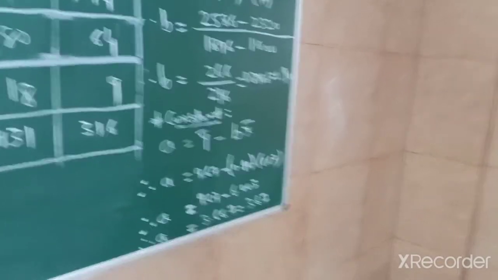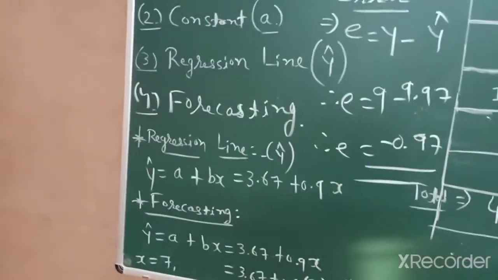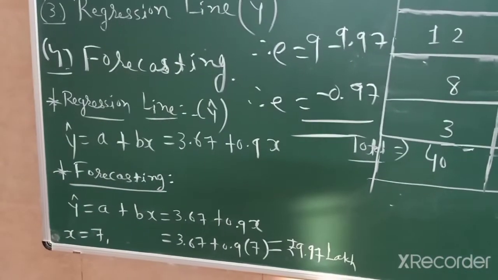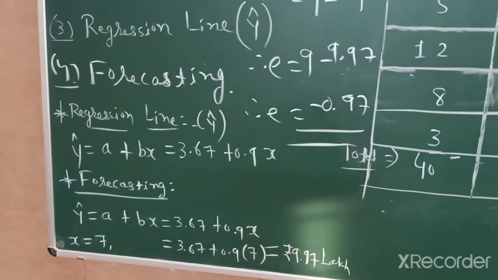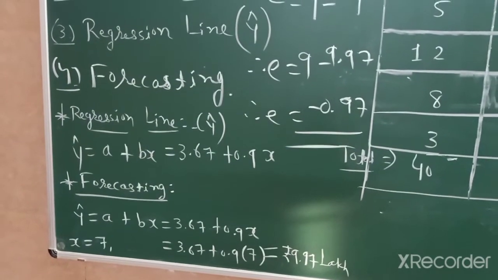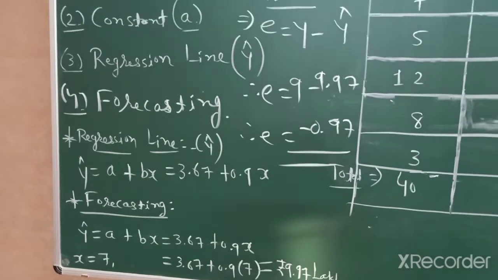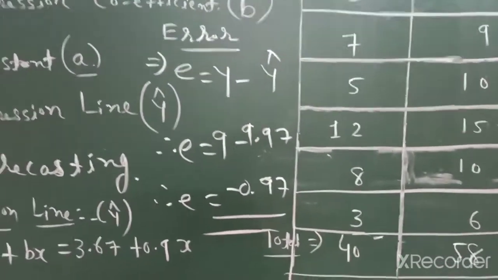After finding the constant, we find the regression line y cap. After y cap, we do the forecasting, that is in place of x we put the value 7. So we got the value of y cap, that is 9.97 lakh. And finally they also ask one new thing, that is error.